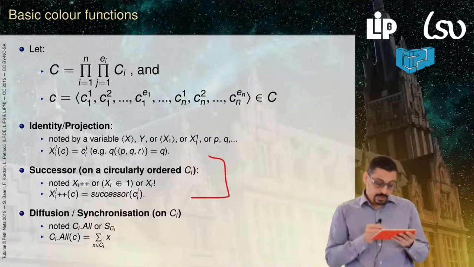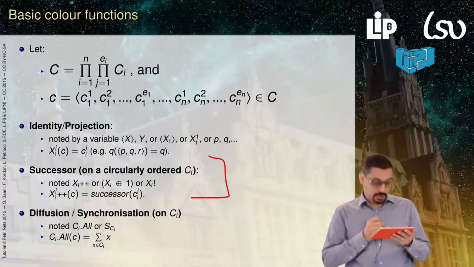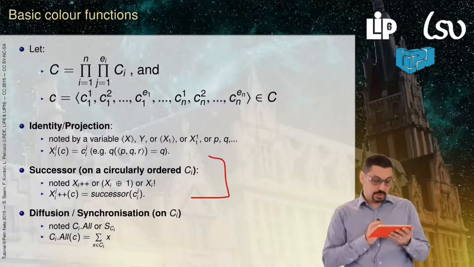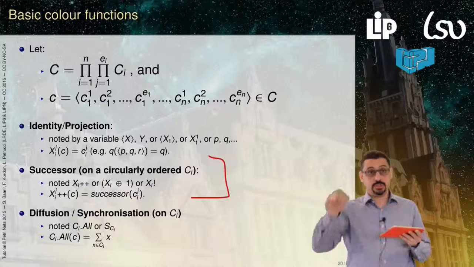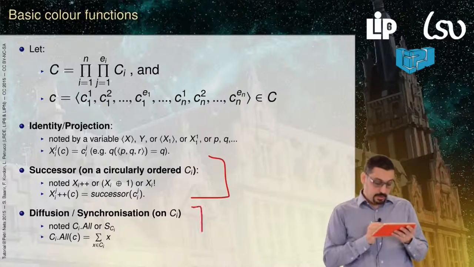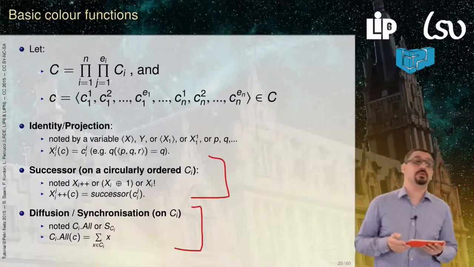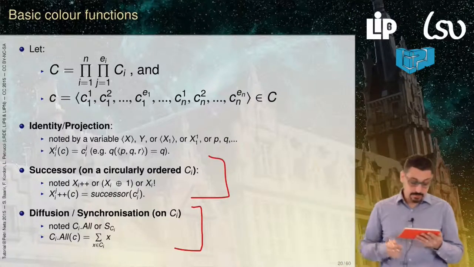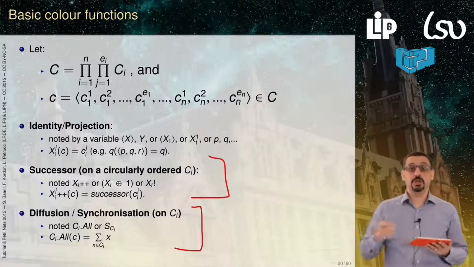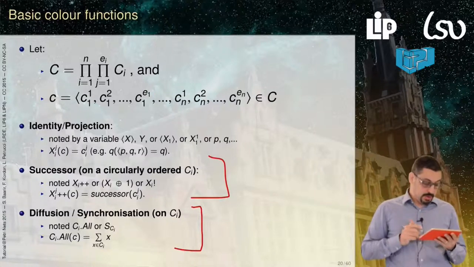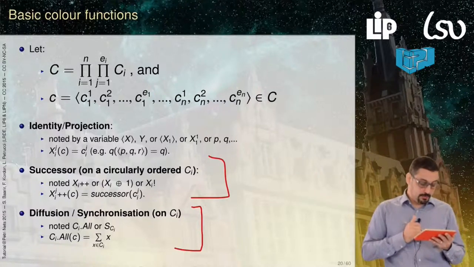So we can associate to that class a function called successor, to obtain the successor color. And the third function that we manipulate is the diffusion, which is a constant function actually. So these 3 functions, I just described them informally here.